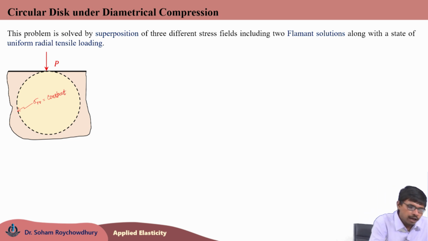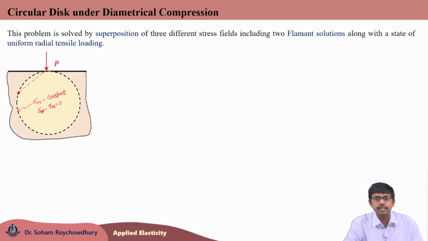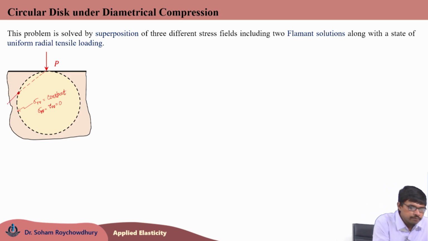So, this sigma RR is constant and the other two, sigma theta theta and tau r theta, are 0 for the Flamant solution. At any particular point, if you measure from the origin, that is the point of application of load, you will only have the radial stress sigma RR.